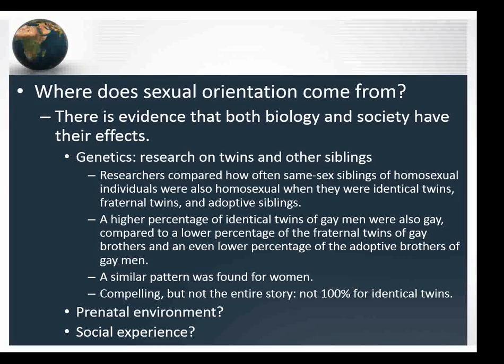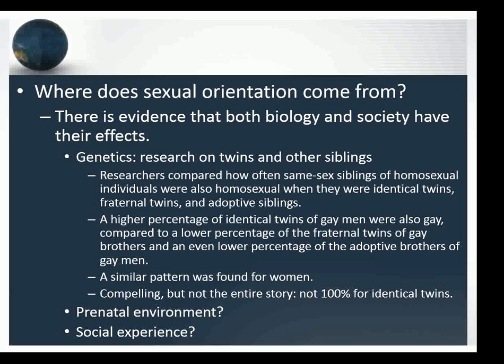This group, our fraternal twins, is lower than our identical twins, so that's probably because of the genetic differences. But they are still higher than our regular siblings. What does this group share that this group doesn't? The prenatal environment.